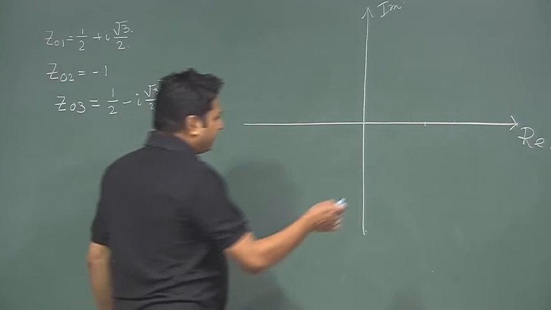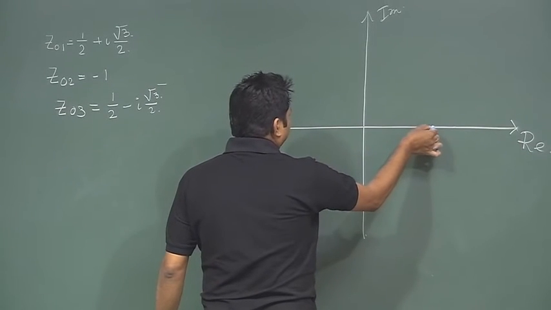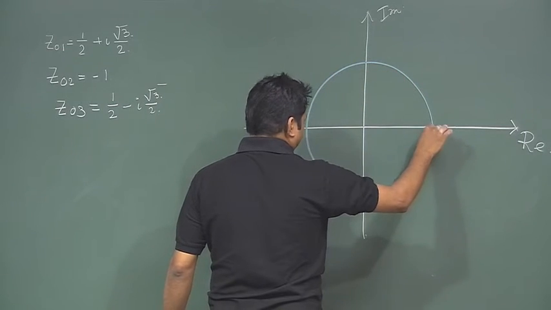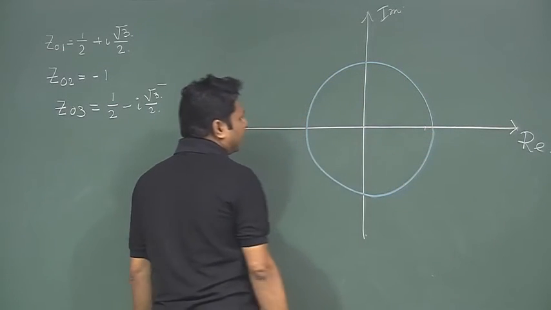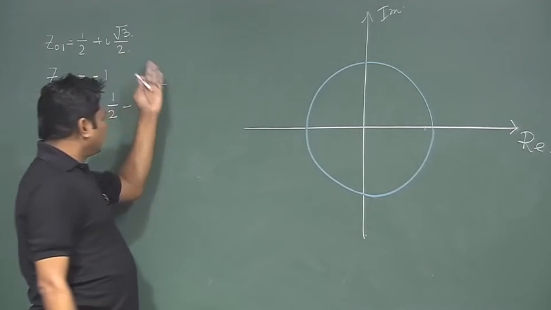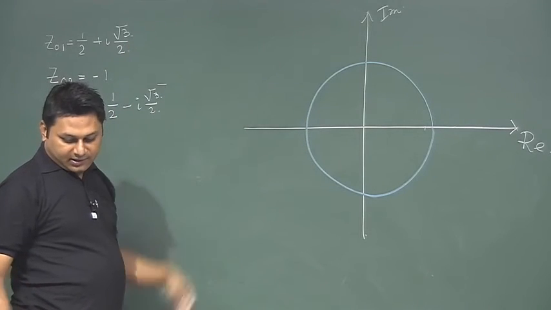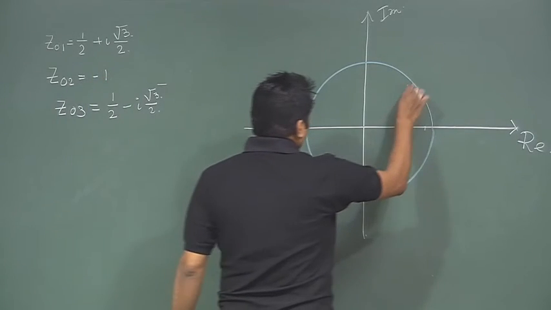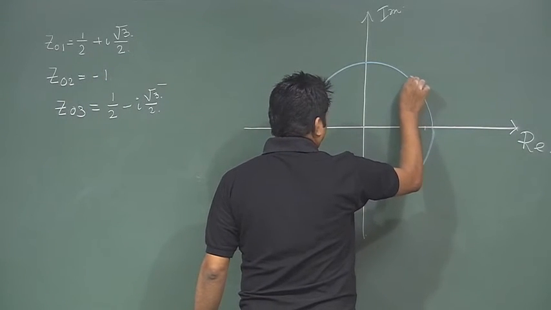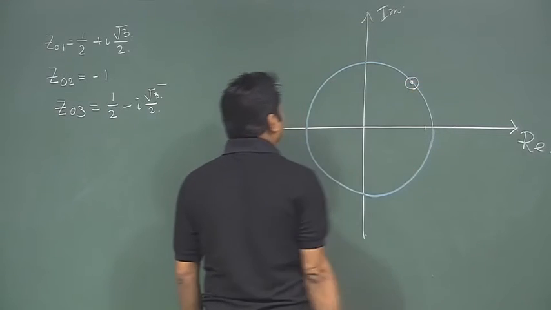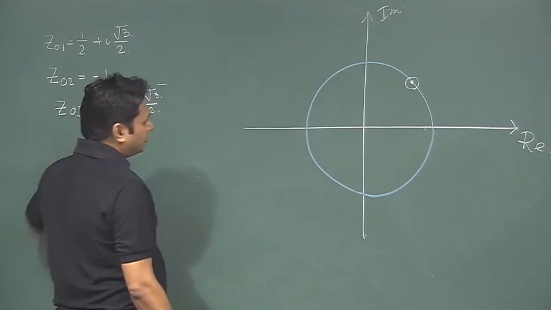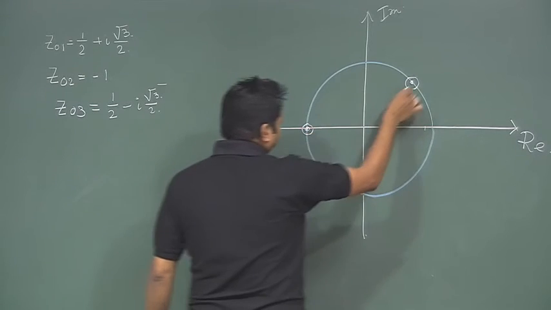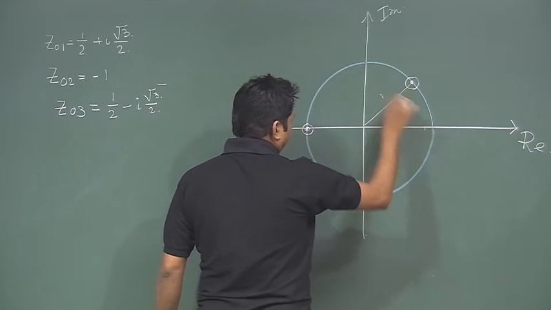So, that means if I draw a circle of radius 1 like this, all the roots, at least these 3 roots, should fall on this circle. First point is somewhere here, second point is minus 1, that means it should be here, because this circle is of radius 1, this is 1, this is 1.